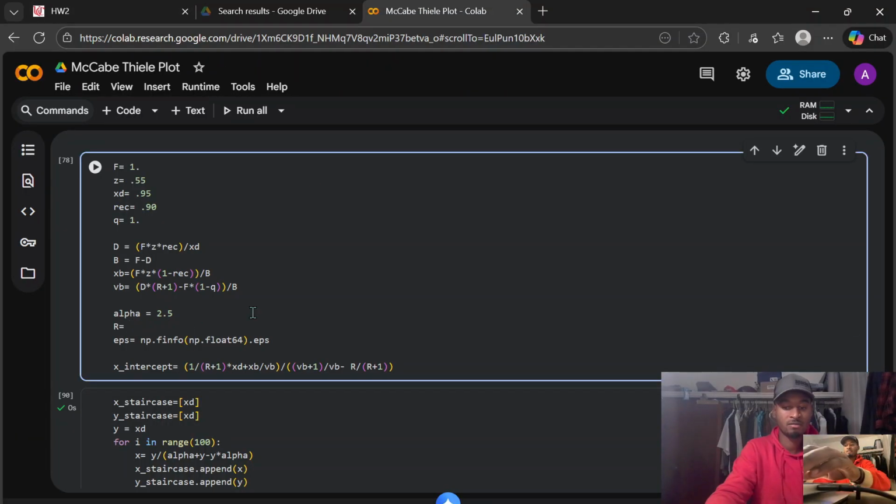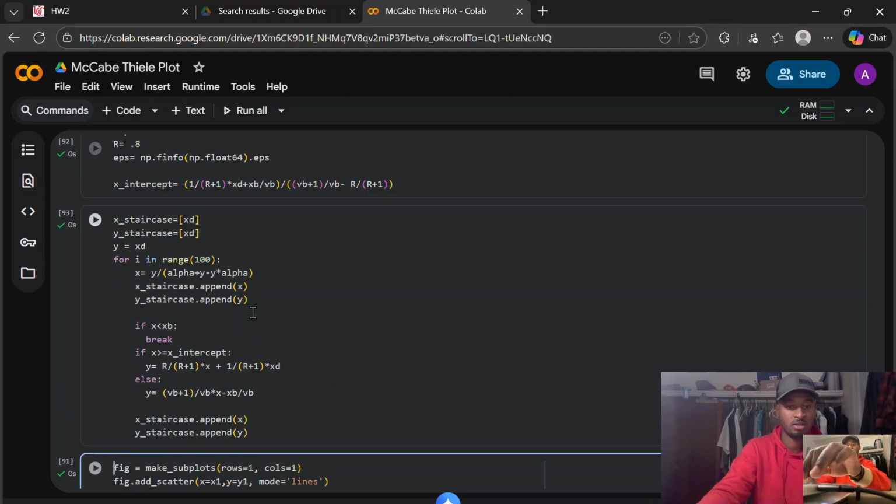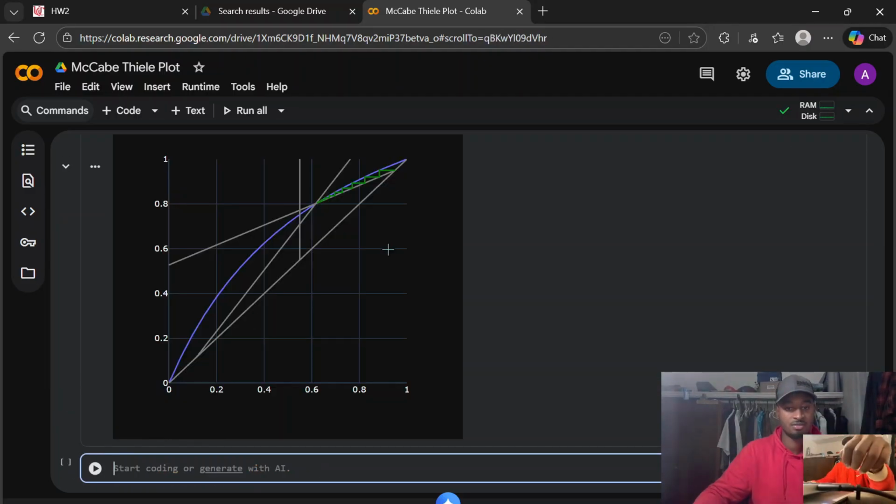For R, we can say R is equal to 0.8 here. And you see we get real crunched up on that equilibrium line, to the point where we're not even able to realistically get that level of purity here.